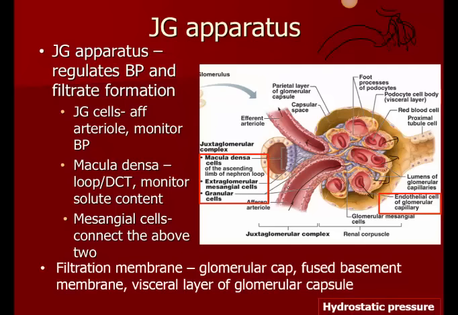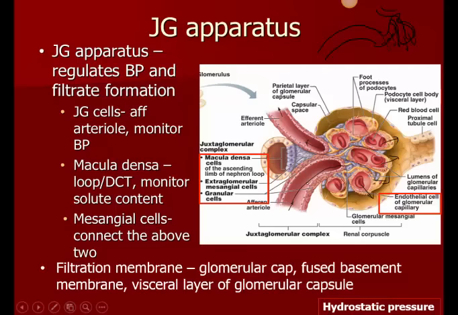If there are too many solutes in the filtrate, it's okay to pass them out in the urine. If there are too few, then you want to make sure that you reabsorb all of that. Also, if the blood pressure is low, then you want to make sure that filtration decreases. If the blood pressure is high, maybe you want to increase the filtration. So there has to be some sort of a method to sense this.